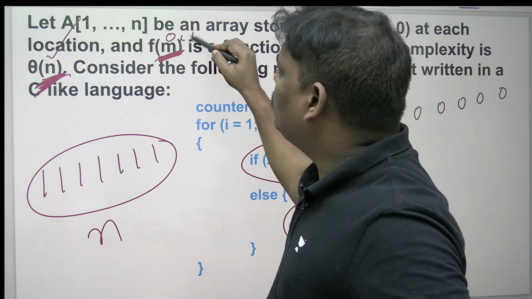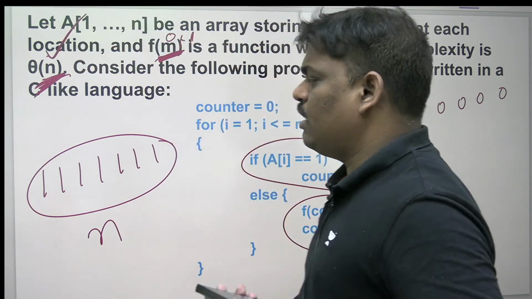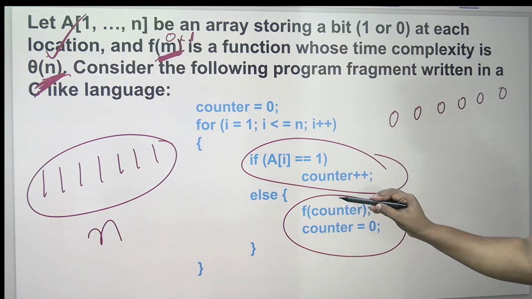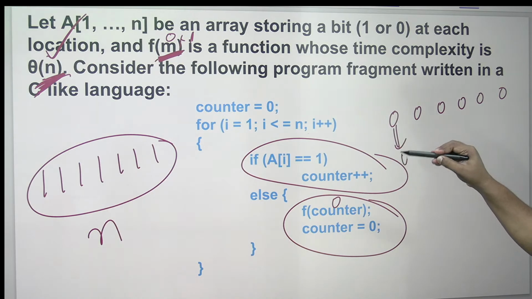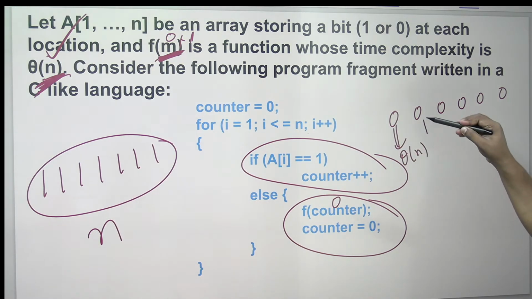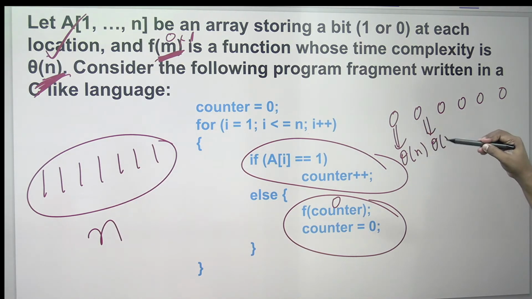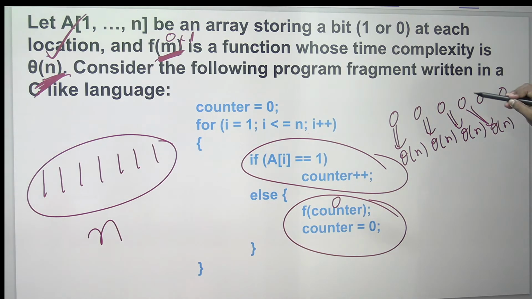For m value 1, this is still n, remember. So f(0), what is the answer? f(0) is theta of n, because m and n have no relation.